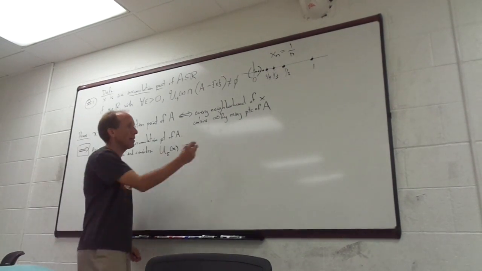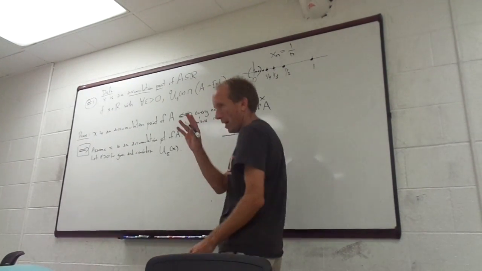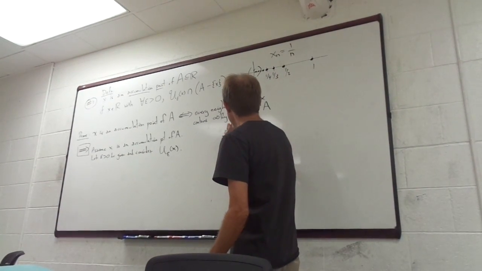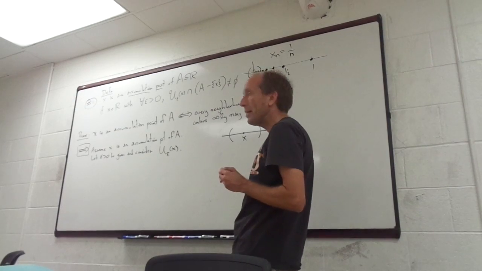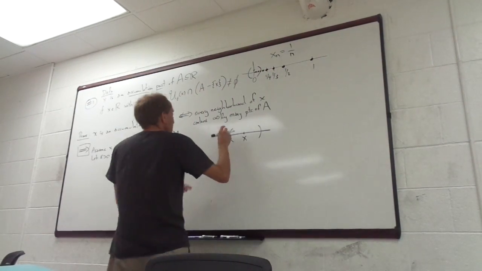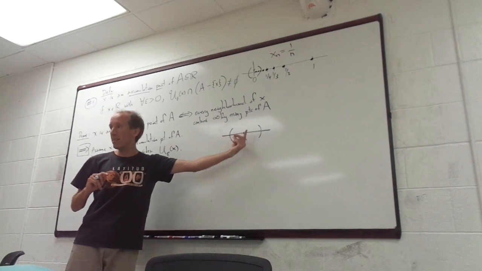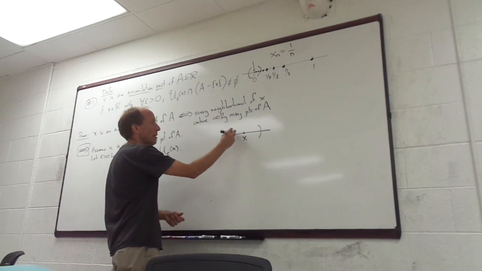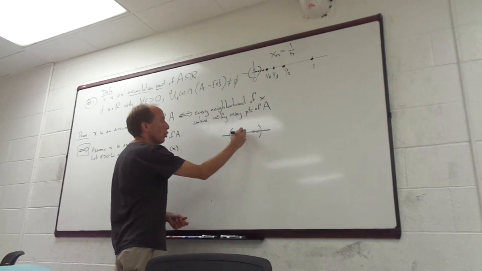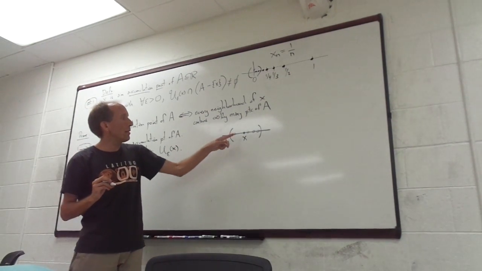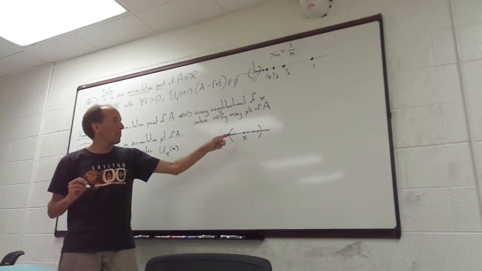So the idea would be this. Let's get the intuition behind that strategy. Here is our point x, and here's our neighborhood around x. If there were finitely many points of A in this neighborhood, maybe here and here, I'm doing open circles on the points of A, then you see that x is kind of by itself.